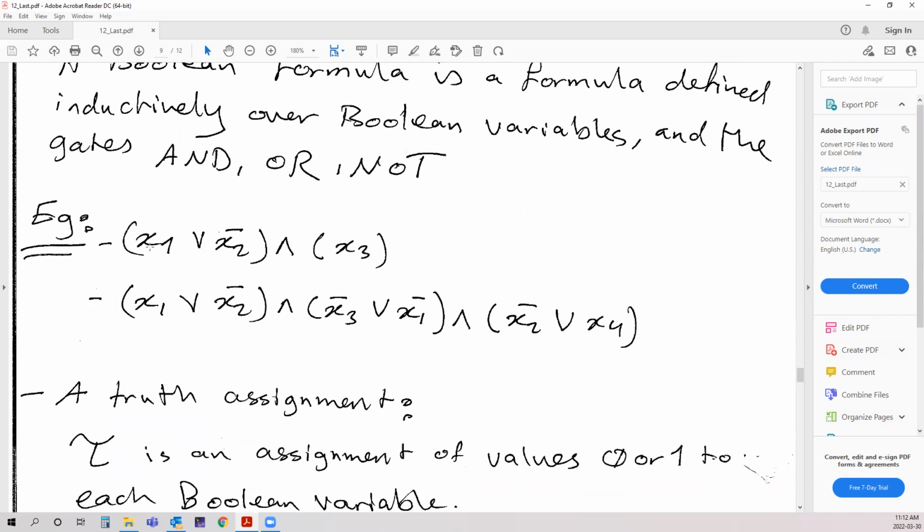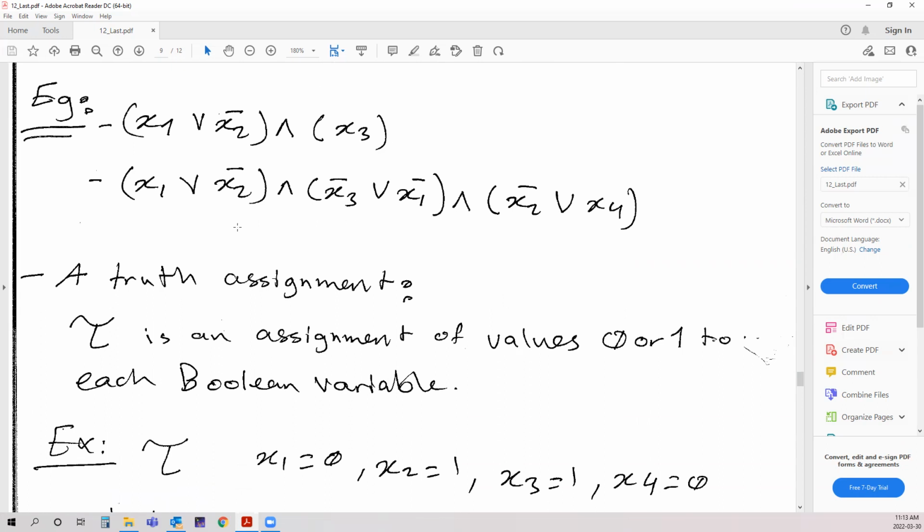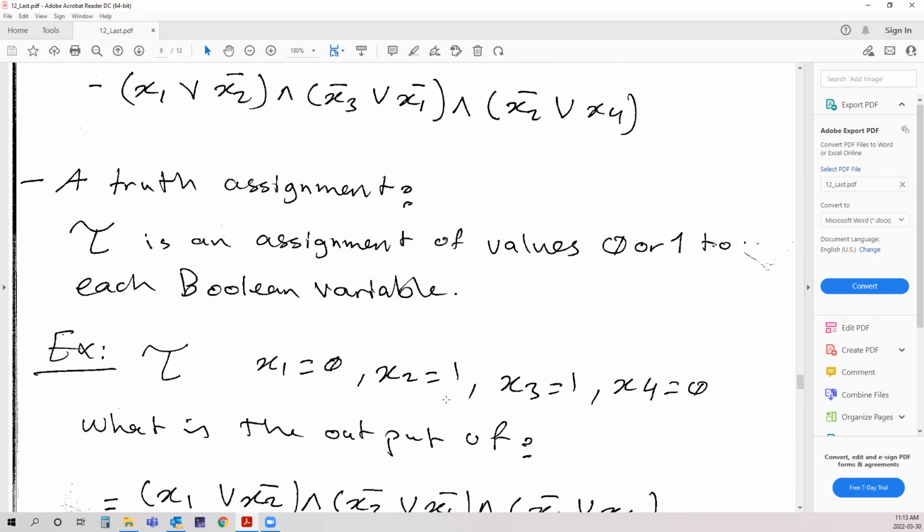For example, (x1 or x2 prime) and (x3 or x1 or x2 complement) or (not x2 and x3 bar) or (x1 bar and x2 bar or x4). With this, we'll have a truth assignment. Tau is an assignment of values 0 or 1 to each Boolean variable.